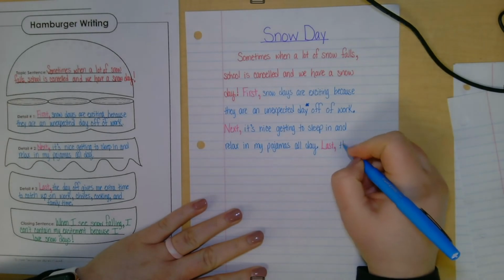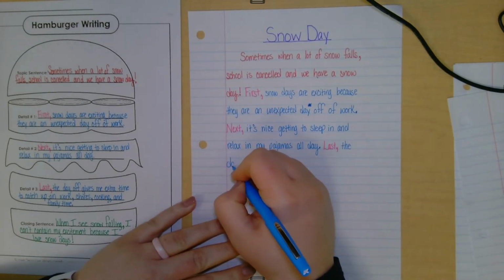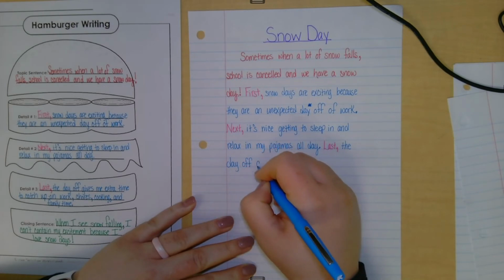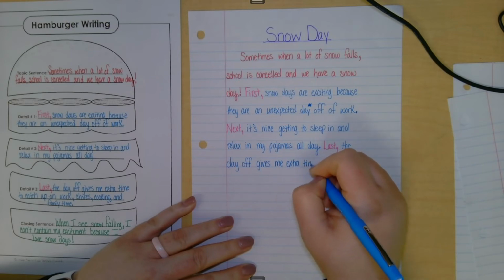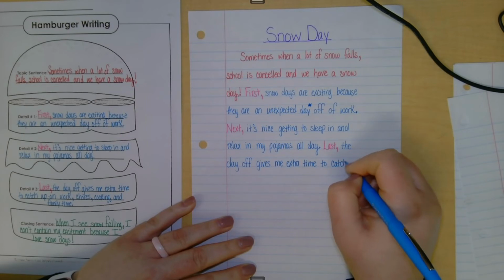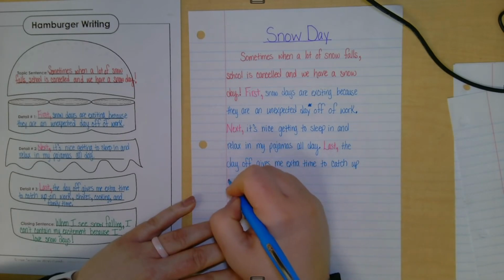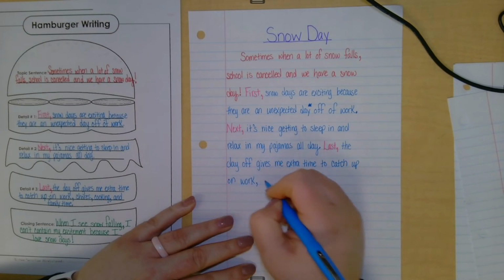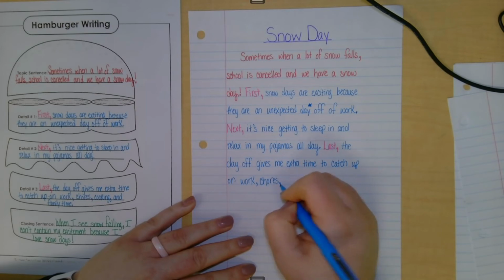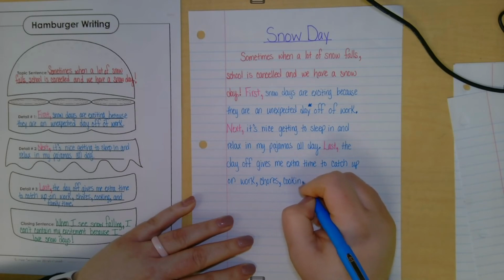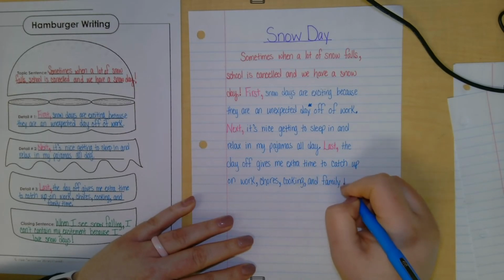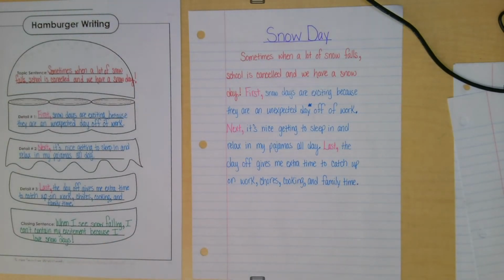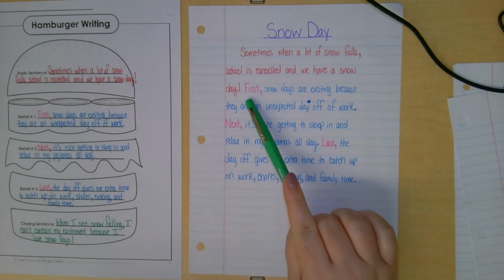Detail number 3. That was a long one. Okay, so I have topic sentence, my title, detail 1, detail 2, detail 3.